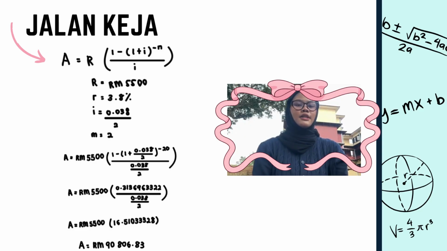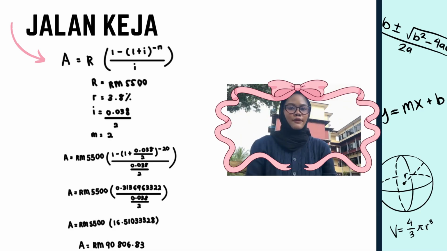Hi, I'm Hani Najia. I will explain to you part B question 1, and I will start with question A. For this question I will use the formula A equals R bracket 1 minus bracket 1 plus I bracket power of negative N divided by I bracket.